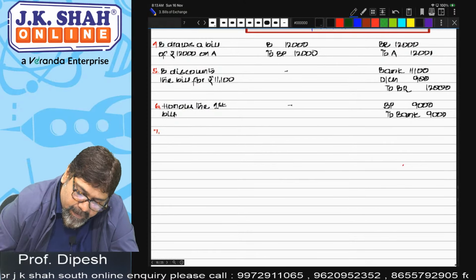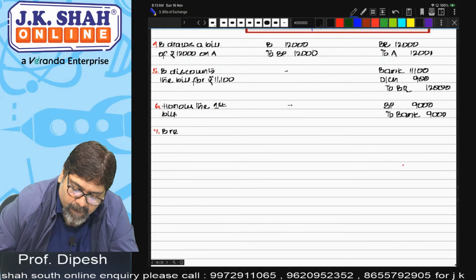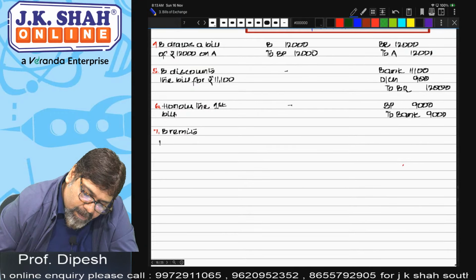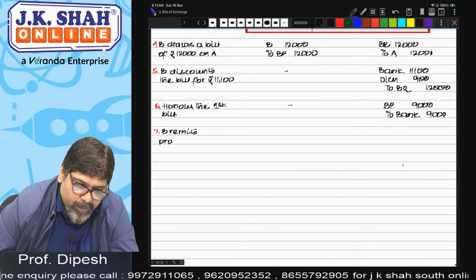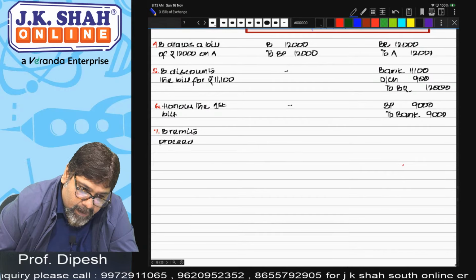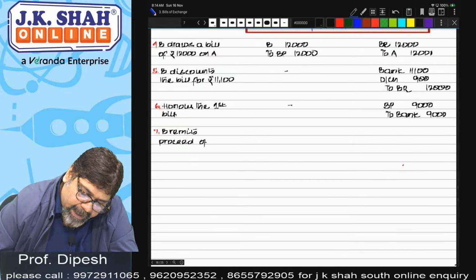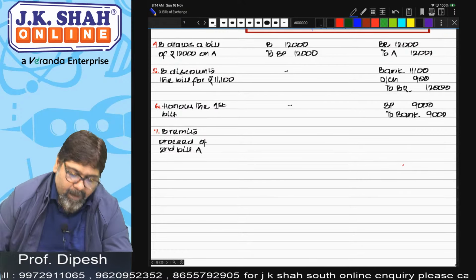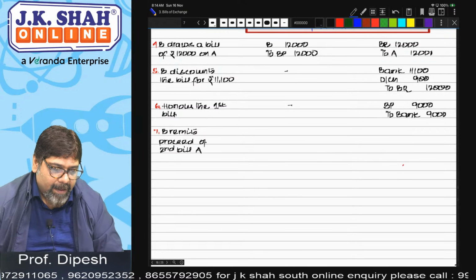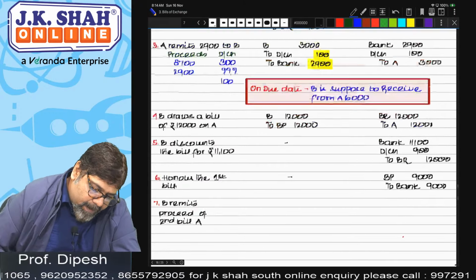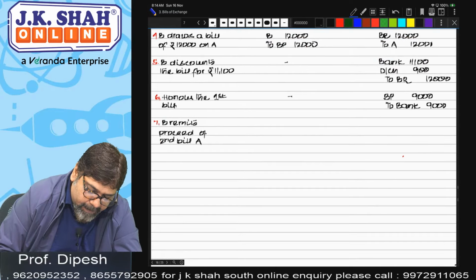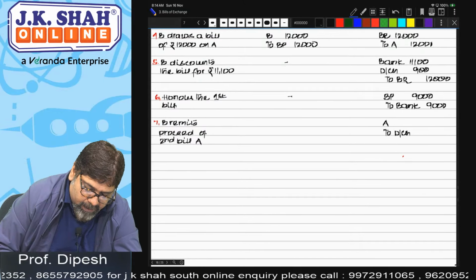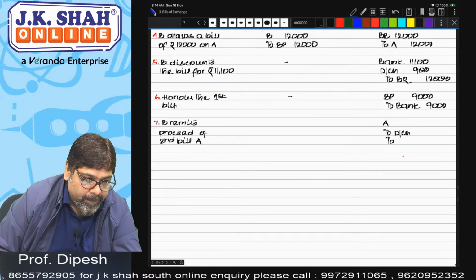B remits proceeds of second bill to A. Now B will pass the journal entry: A account debit, to discounting charges, to bank.